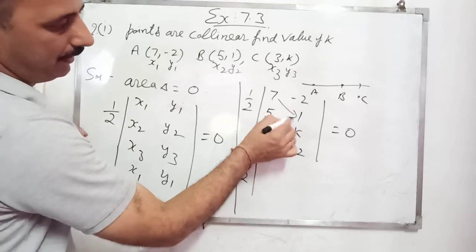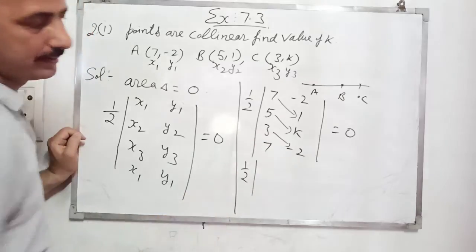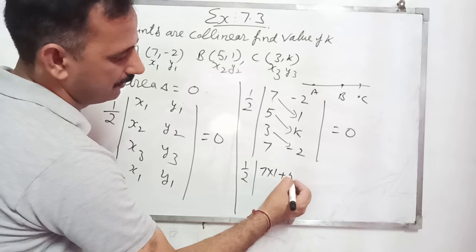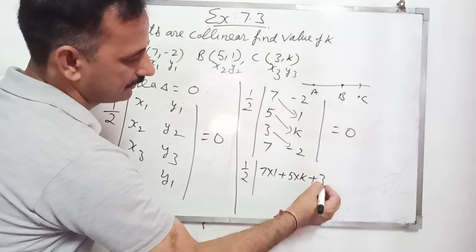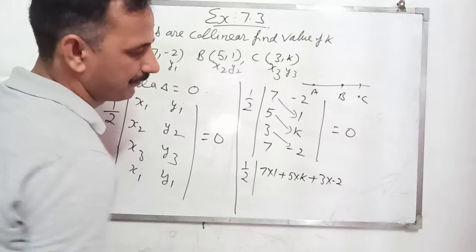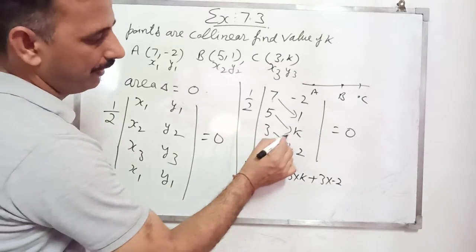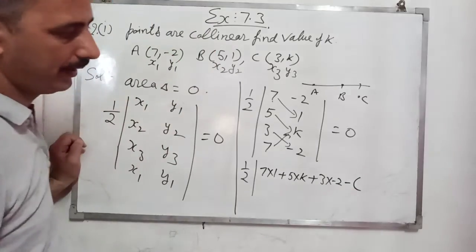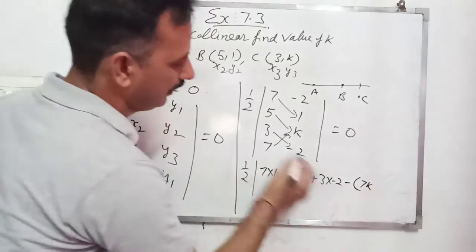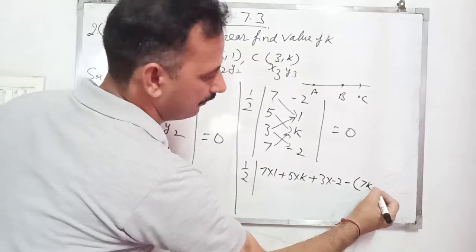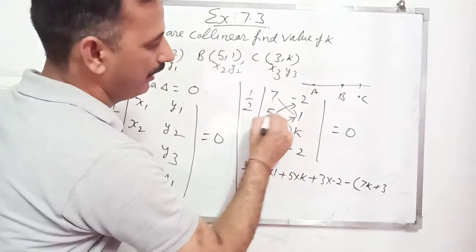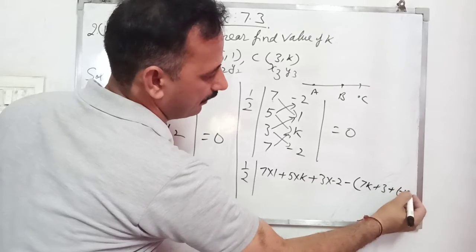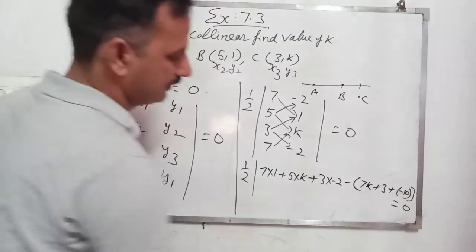We multiply in this direction, it becomes all positive: 7 into 1 plus 5 into k plus 3 into minus 2, right? And now we multiply in the opposite direction with the negative sign, using the bracket: 7 into k is 7k, 3 into 1 is 3, 5 into minus 2 becomes minus 10, that is equal to 0.